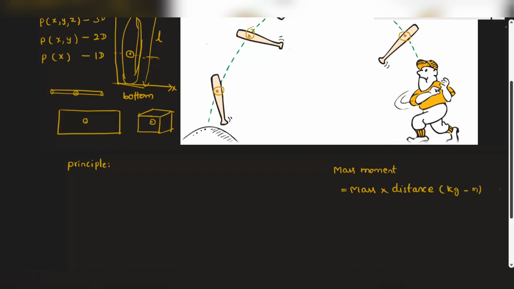Mass moment about the center of mass equals the sum of individual mass moments.